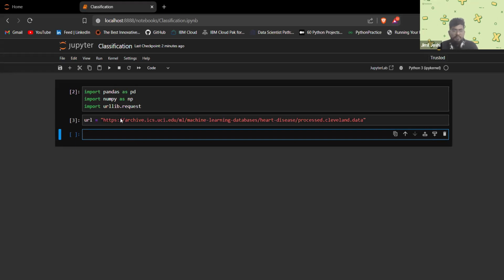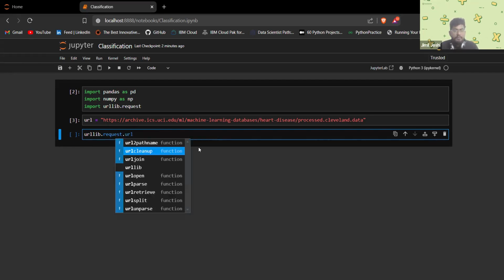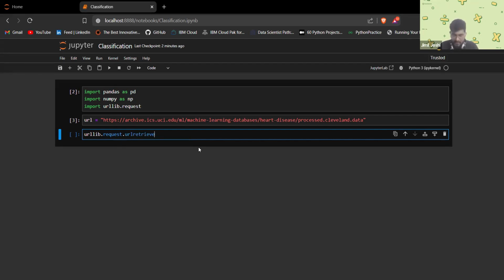So it's pretty simple. urllib.request.retrieve. You will get the function urlretrieve.